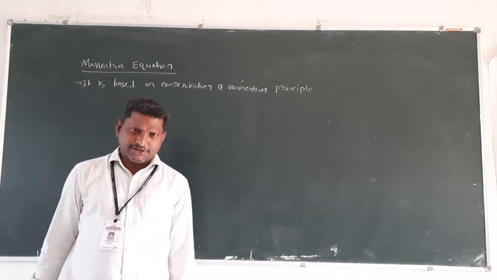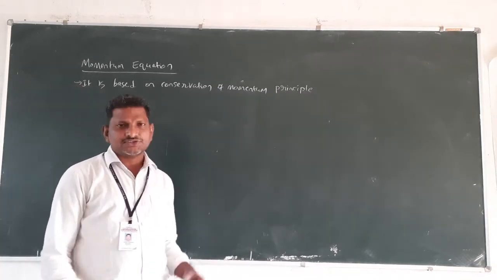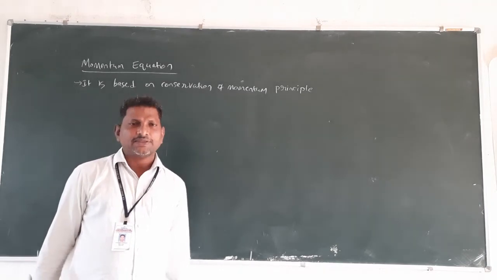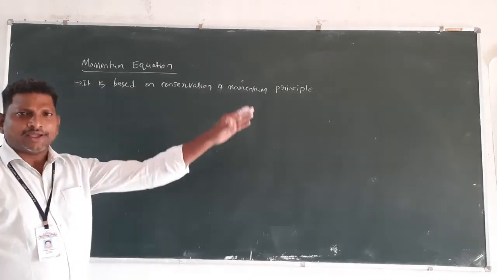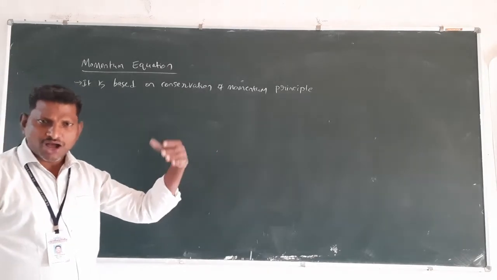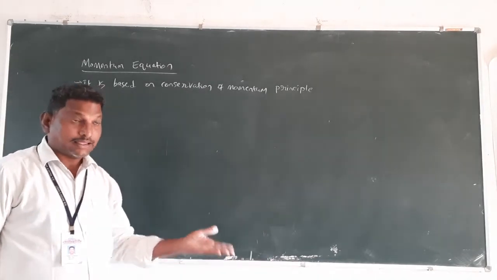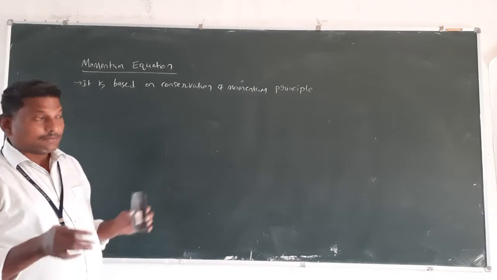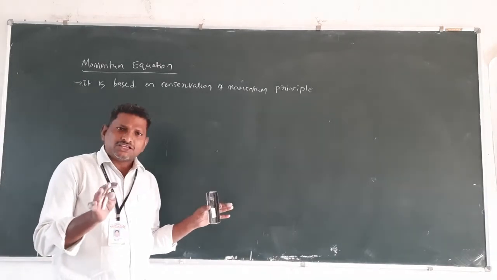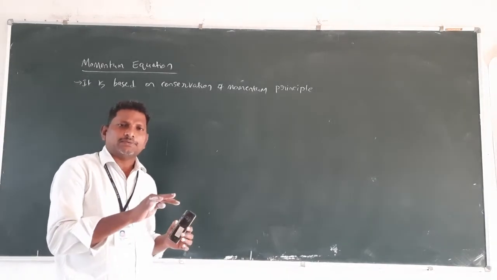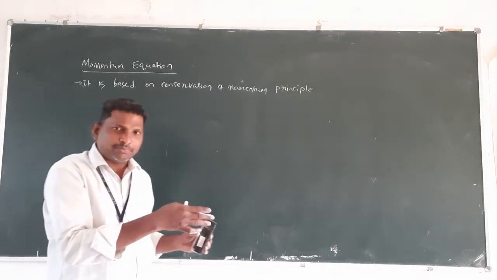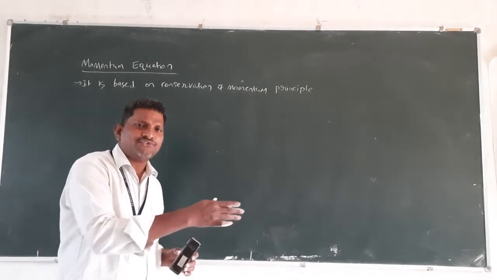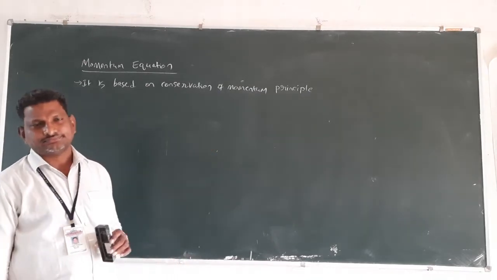What does this statement say? If we apply some force on a body of mass m, then there is a change in momentum of that body and it will be changed in the direction of applied force.